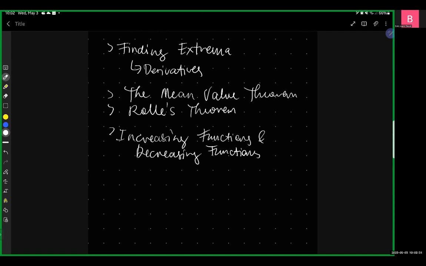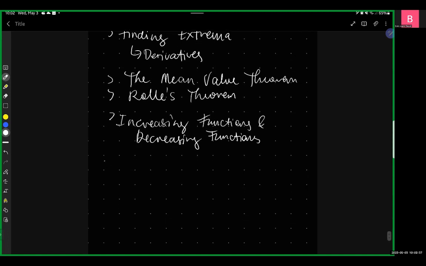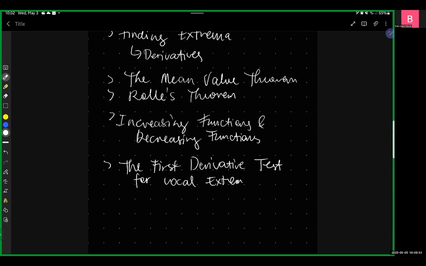After that, I think that's it. After this, we'll move on to the first derivative test for local extreme values. I think this is enough advanced reading for you.